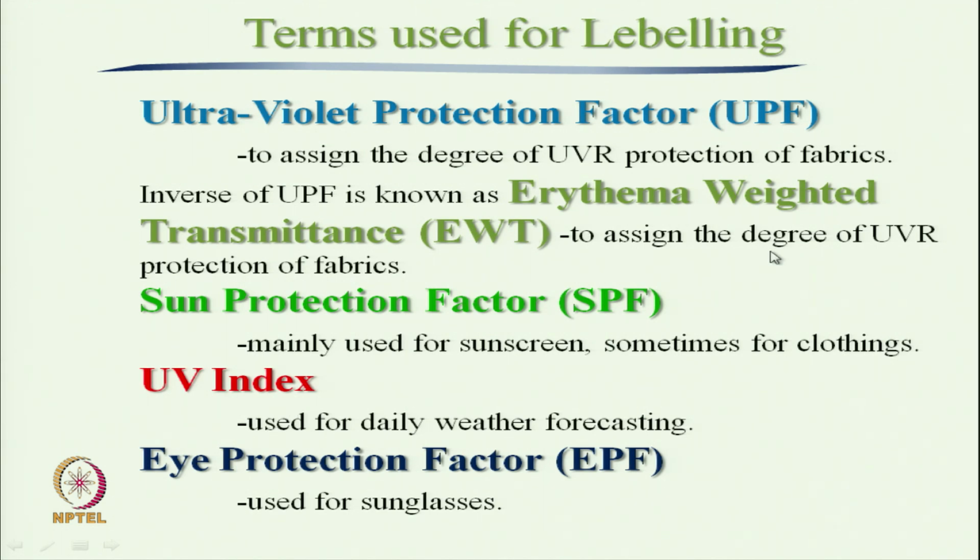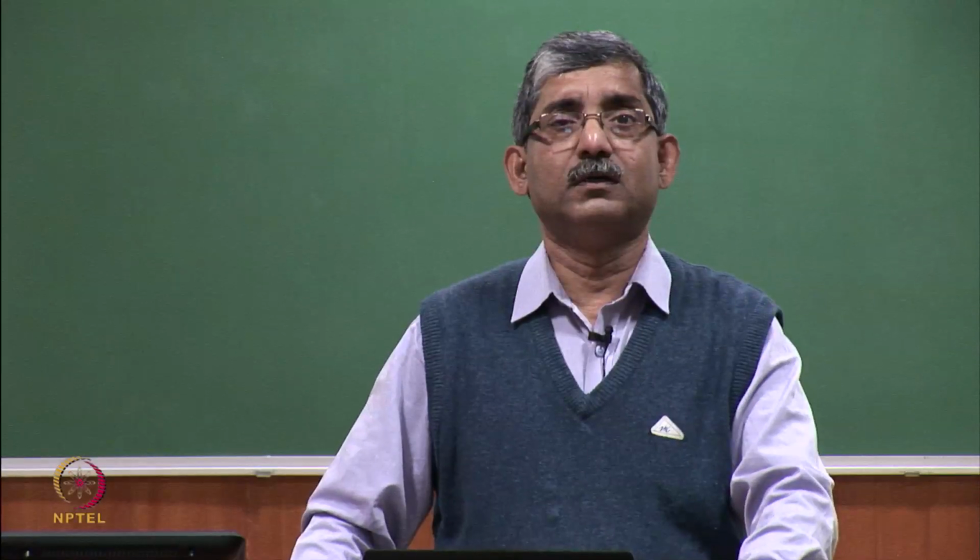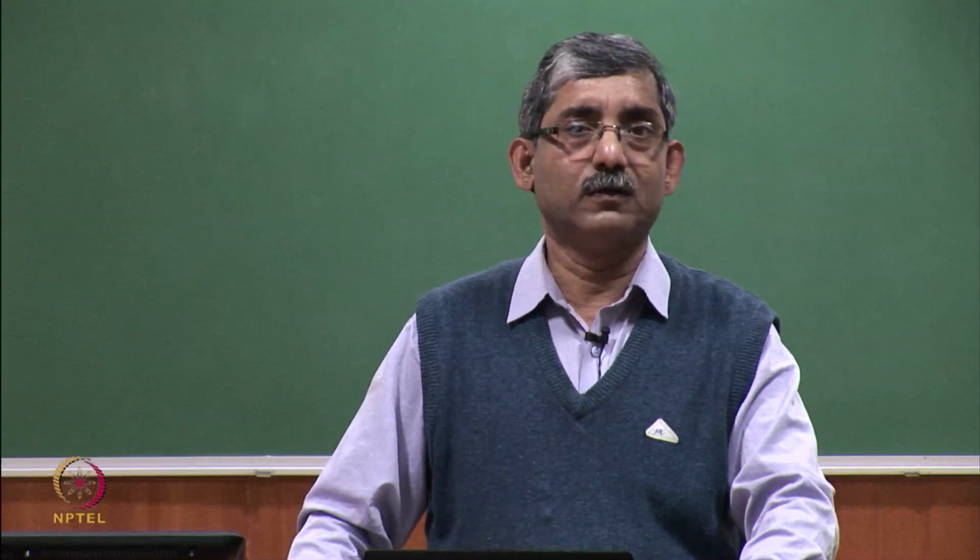UV index is another term which is used for daily weather forecasting. UV index is basically an environmental term. It shows how much UV radiation is coming to the earth surface in that particular area. UV index depends on the altitude of the particular place and clouds in that zone.